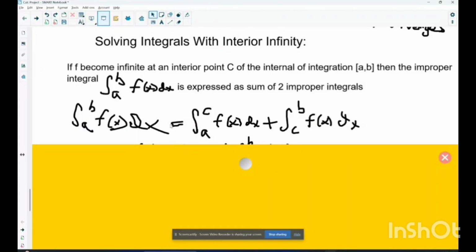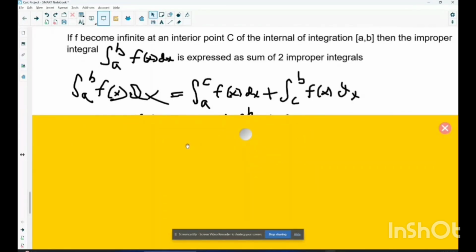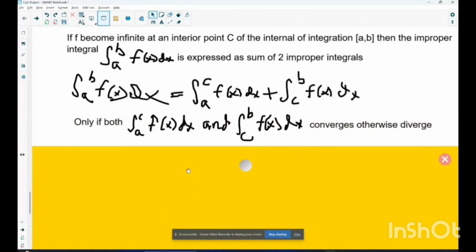So this will be the equation from a to c, then you add that from c to b. And note, only if you evaluate and the solutions are both real numbers, then it's going to be converging. If one of them is not a real number, then it's going to be diverging.